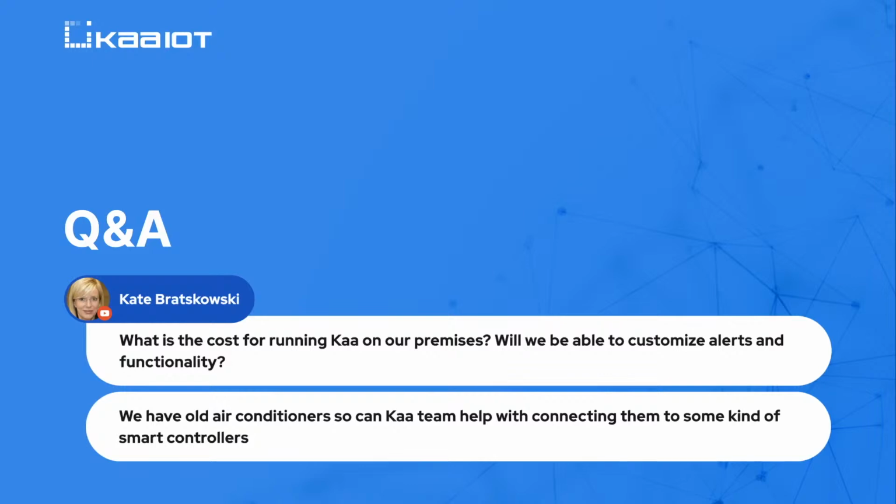Okay, Kate. The cost of running Kaa on your premises consists of two parts. The first part is the license price. The pricing for Kaa self-hosted is based on the number of active endpoints and on some technical details such as white labeling, etc. We would be happy to send you our standard packages over email. The second is the infrastructure price.